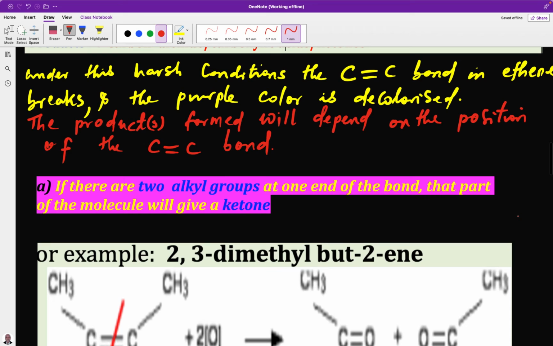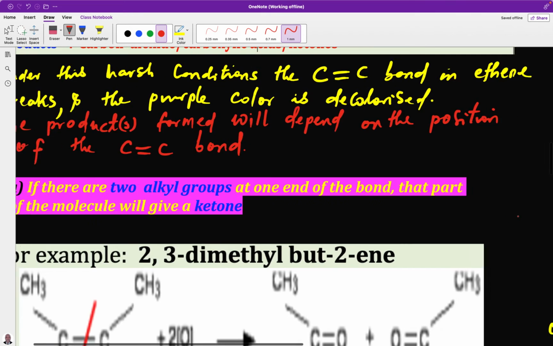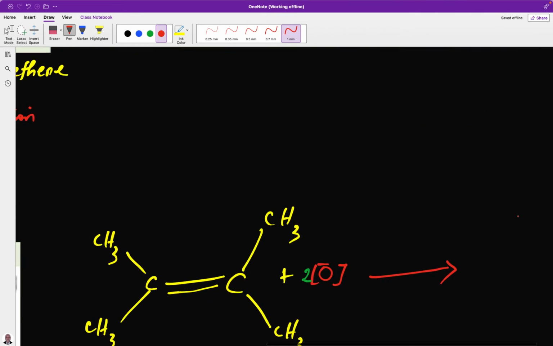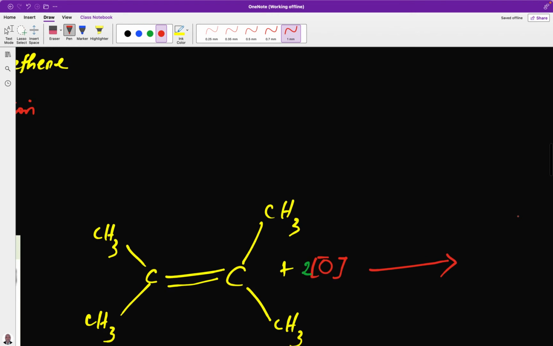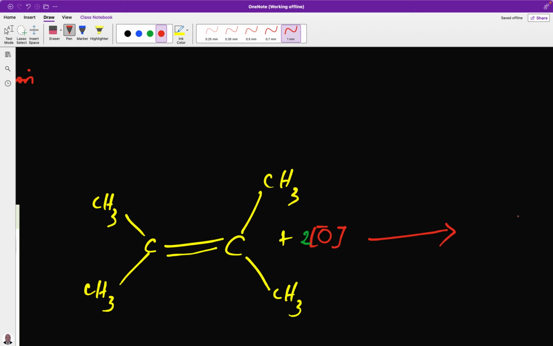Our example is 2,3-dimethylbutene. Now, two alkyl groups at one end of the bond. This is one end of the bond, and this is the other end of the bond.